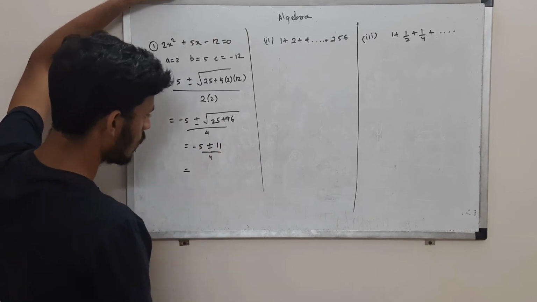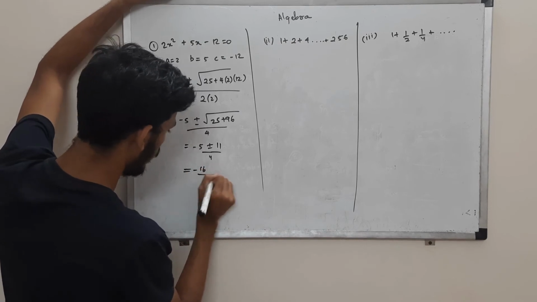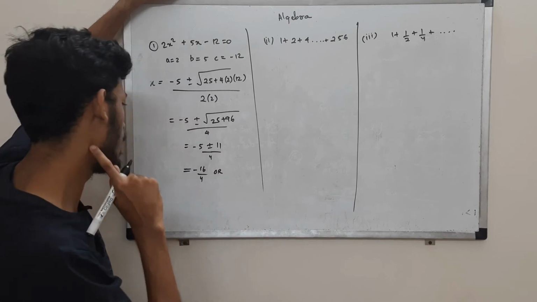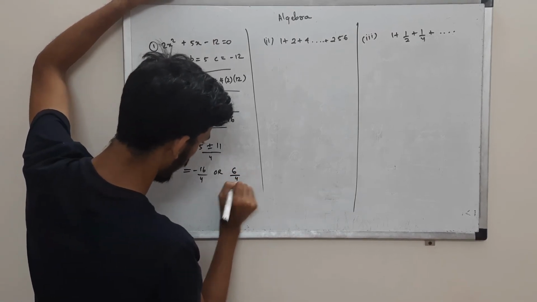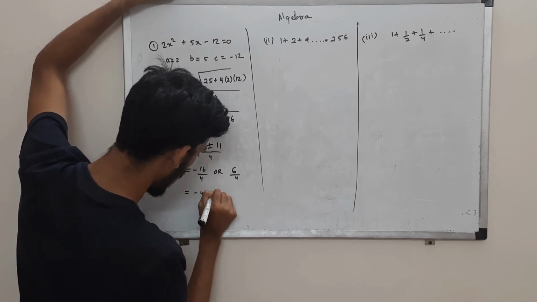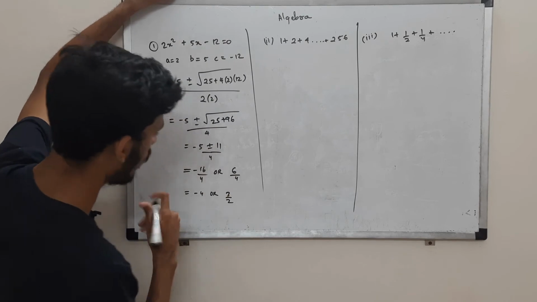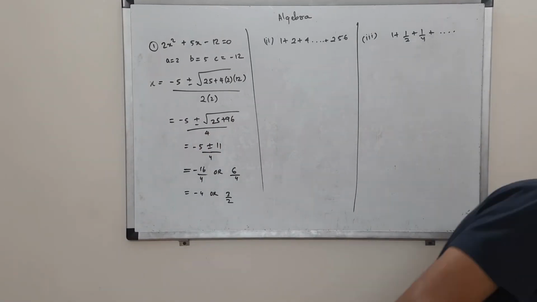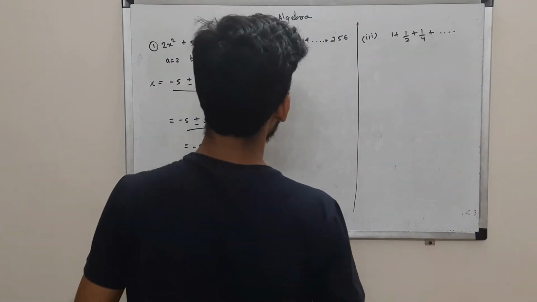First we'll take minus 11: minus 5 minus 11 gives us minus 16, over 4. When we take plus 11, minus 5 plus 11 gives us 6 by 4. So the answer could be minus 4 or 3 by 2. That should be the answer. Let me check that. Yes, that is correct.